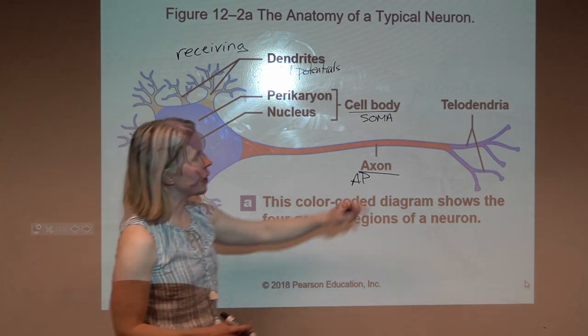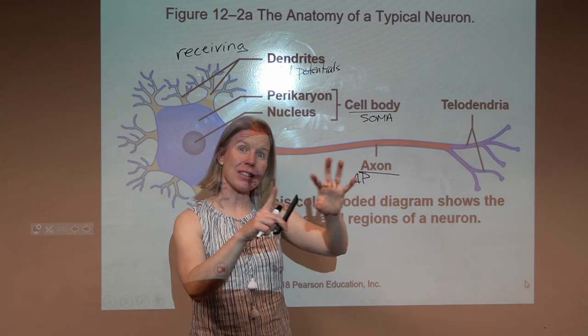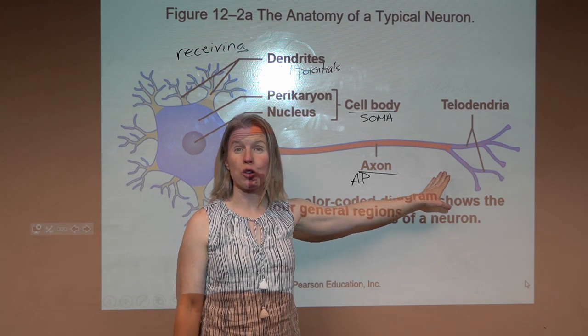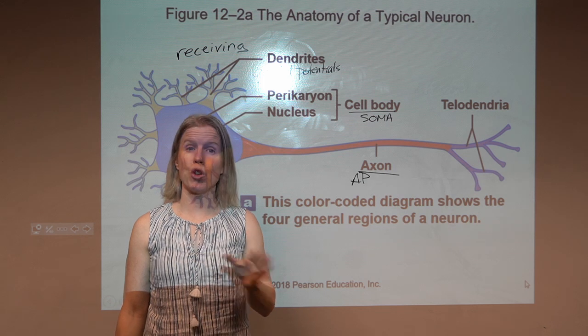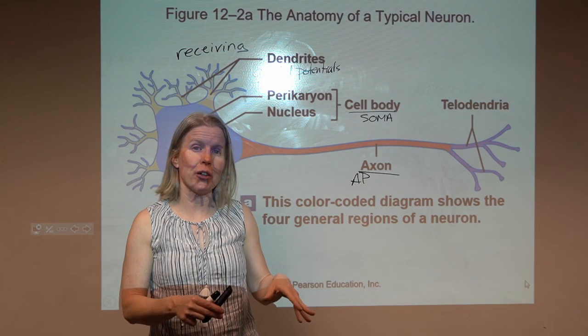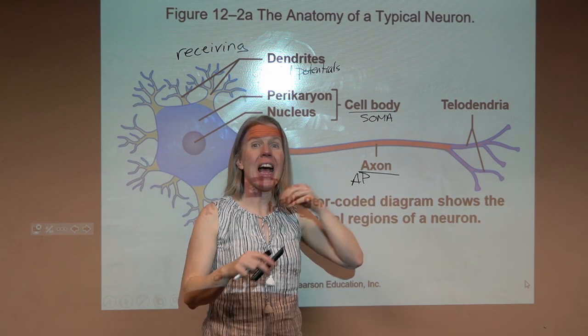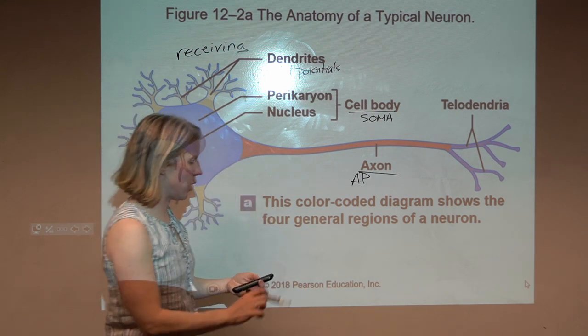What they're trying to show you here with telodendria is kind of a reminder that you can have one long axon that then branches. The way you already know this is true is in the muscular system we talked about the motor units, where you had a single neuron and all the muscle cells that it innervated. That means that a single neuron, a single axon, has to be able to branch to go ahead and reach all of those cells.